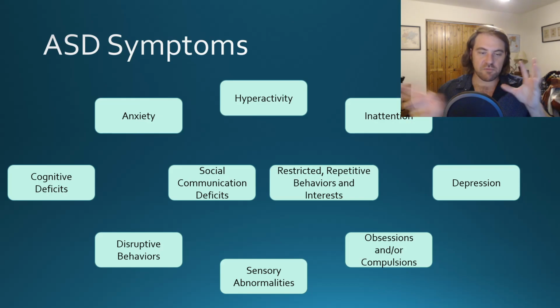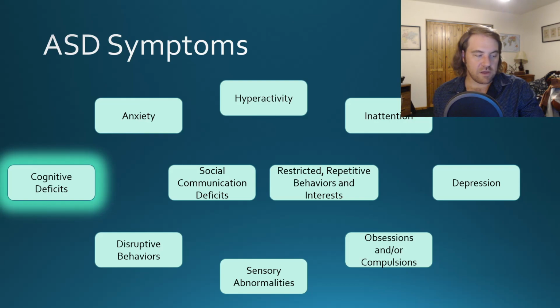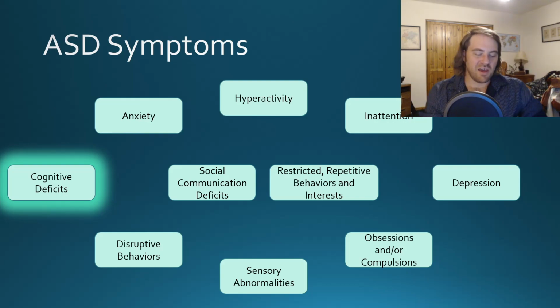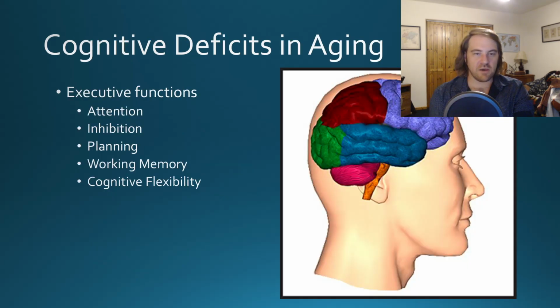These can be grouped into roughly two main areas. These restricted repetitive behaviors and interests, which we're really not going to talk about in this lecture, and also social communication deficits, which we are going to talk about because they're communication deficits. And then specifically, we want to focus on the cognitive deficits right now.